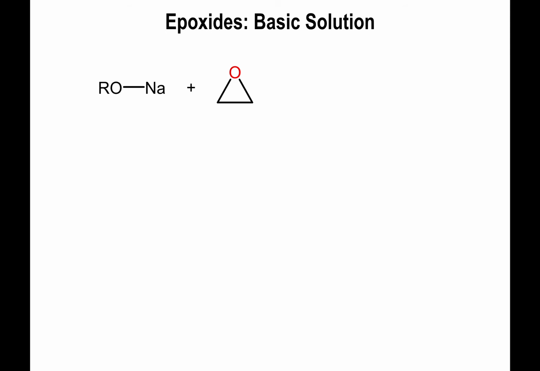Okay, so now what can you do with epoxide rings? Well, as relatively simple as it is to make them, the truth of the matter is that epoxide rings have a lot of ring strain because the bond angles right here are barely 60 degrees.